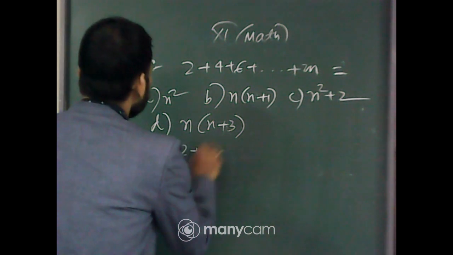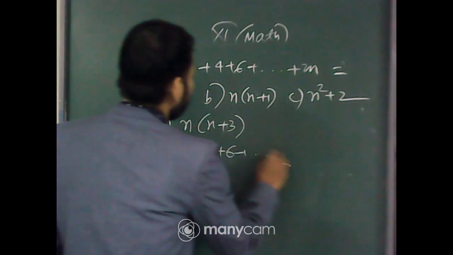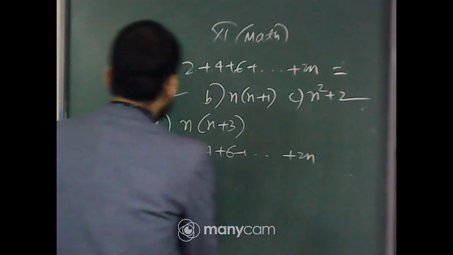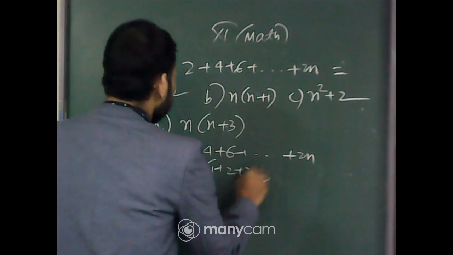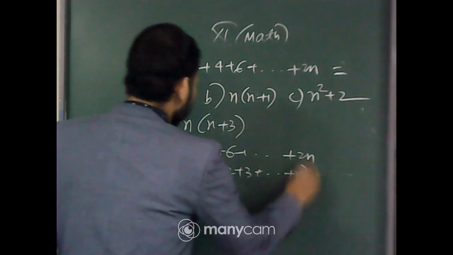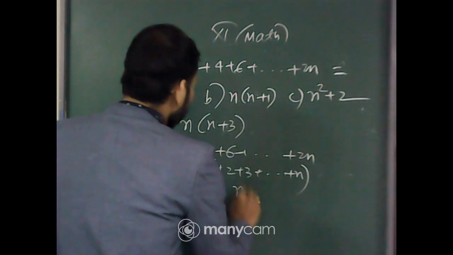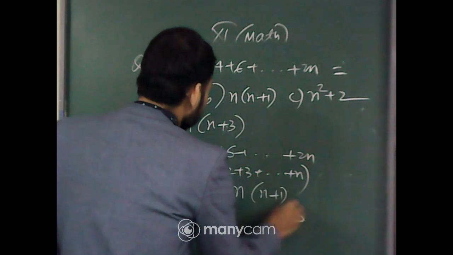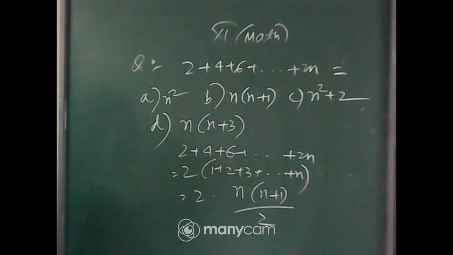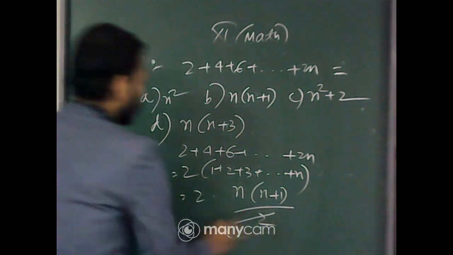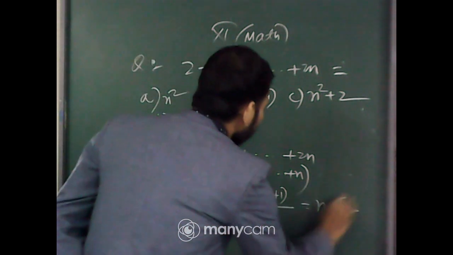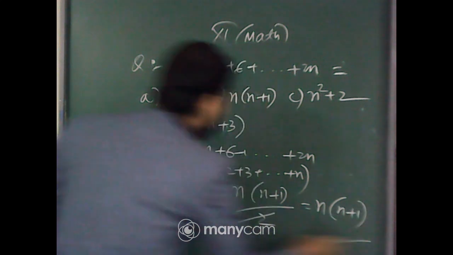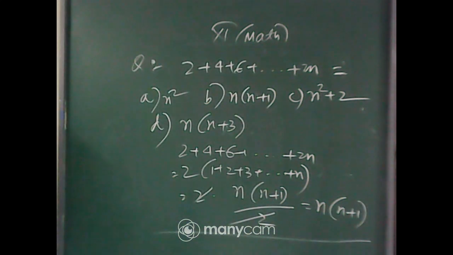Here 2 + 4 + 6 + ... + 2n, taking 2 common, it will be 2 times (1 + 2 + 3 + ... + n), that is 2 into n(n + 1)/2. So the 2 will be cancelled, and that will give you n(n + 1).